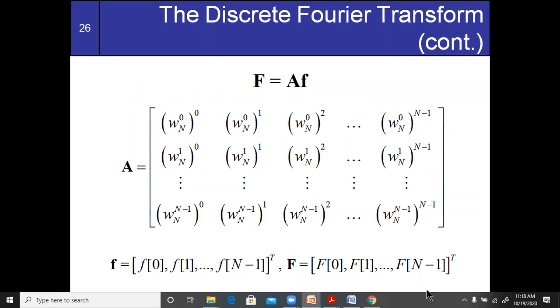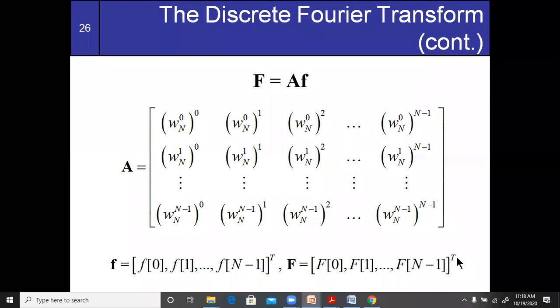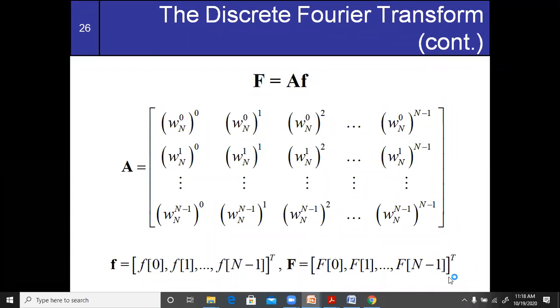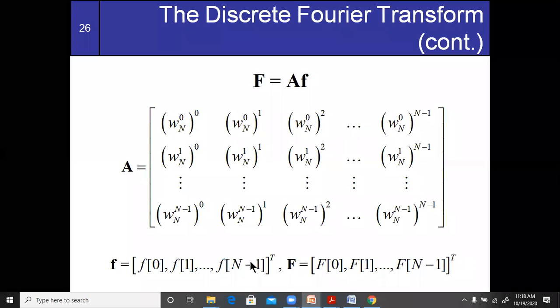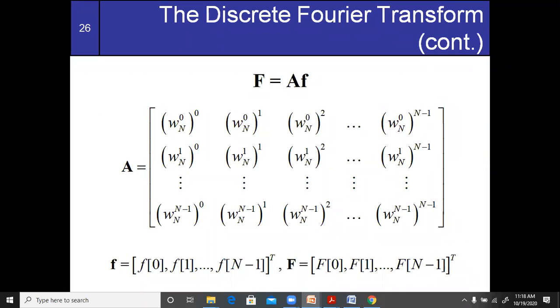So this is N rows and one column, N cross 1. A is N cross N, multiplied by N cross 1, will give an N cross 1 matrix, which is the same thing as this.